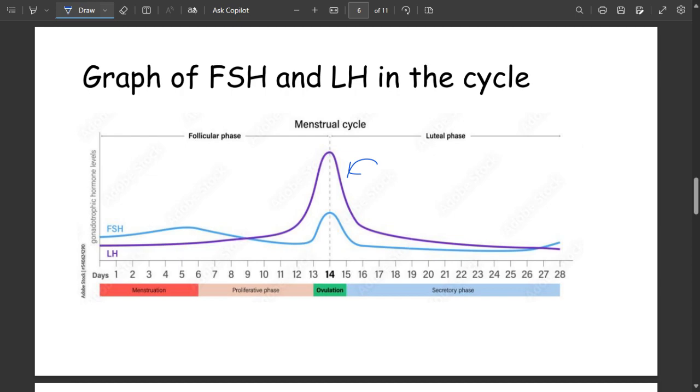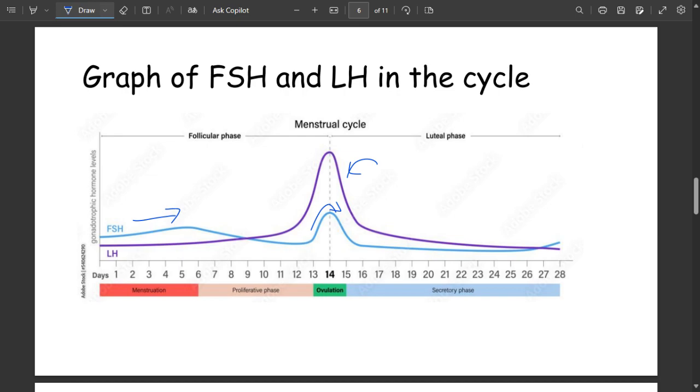Then the follicle stimulating hormone will have its concentration going up just a bit so that it can rescue the 20 to 15 primary oocytes so that they can now go into development. This upstroke, or increase in concentration of the follicle stimulating hormone at mid cycle as well, helps in the resumption of the second meiotic division and further development of this oocyte. Okay, that is what happens there.